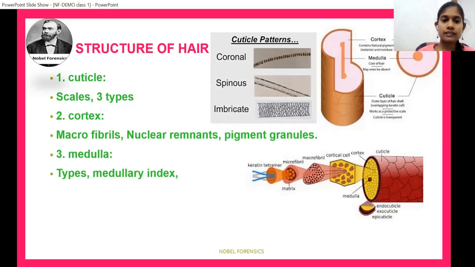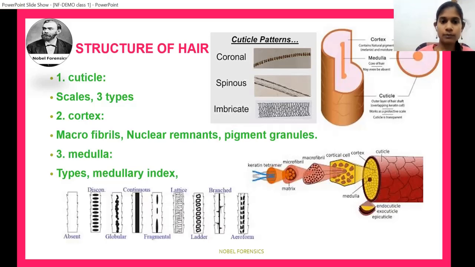Then medulla. There are different types of medulla based on medullary index. What is medullary index? Medullary index is the diameter of the medulla divided by the diameter of the whole hair shaft. With the medullary index, we can identify whether the hair was human hair or animal hair.